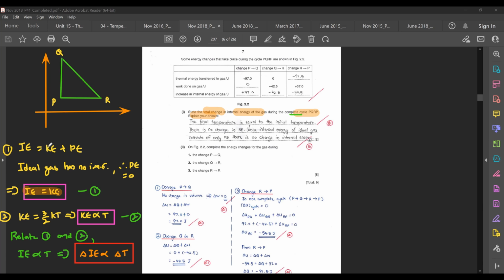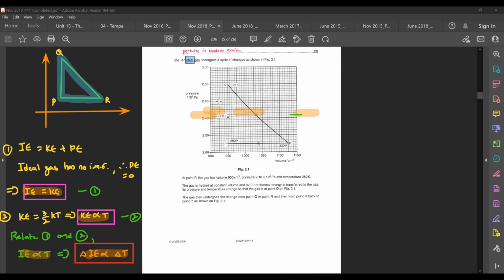First, the part where you say that internal energy is equal to the KE of your gas molecules only. And then second comes the part where you say that kinetic energy is proportional to temperature. If you combine both of them, you get IE proportional to T, which subsequently means that change in internal energy is proportional to change in temperature. So let's just consider this now. When your gas went through a whole complete cycle from P to Q to R back to P, what is your temperature change? Your temperature change ought to be 0, isn't it?